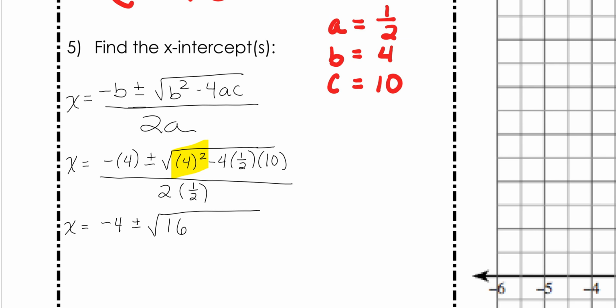We only have one negative along this route, so it's going to end up being a negative for whatever it is that we multiply together. 4 times 1/2 is 2. 2 times 10 is 20. So I'm going to put down 20, all over 2 times 1/2, which is 1. Okay, let's keep going.